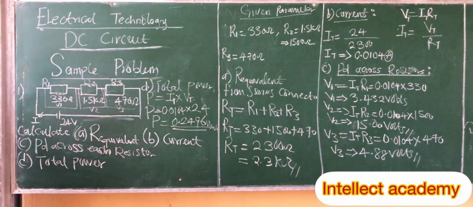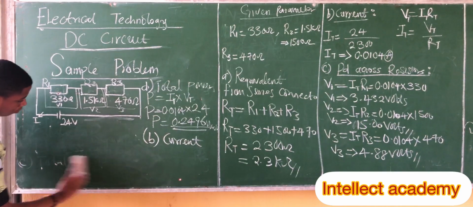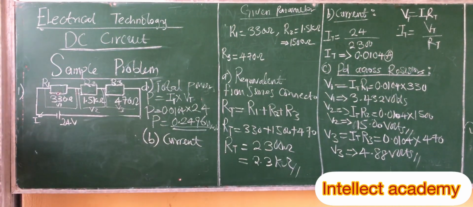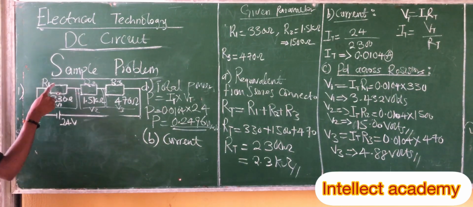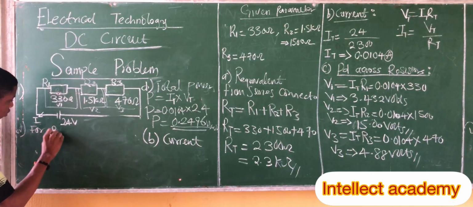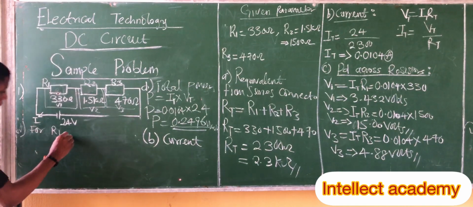Now let's play with the second method to calculate this power. The second method is to calculate the power at resistor 1. So what will be the value of the power for resistor 1?